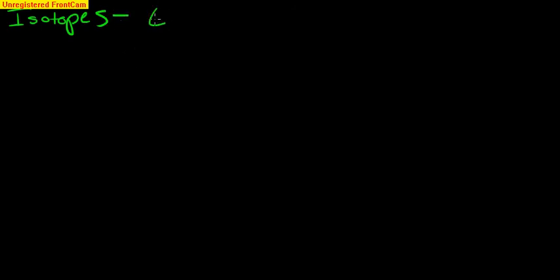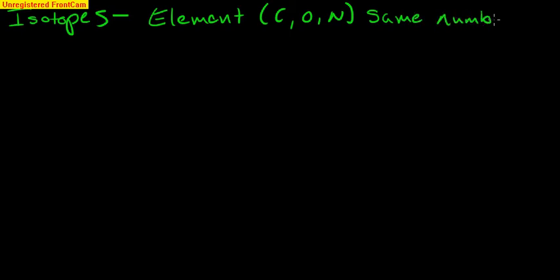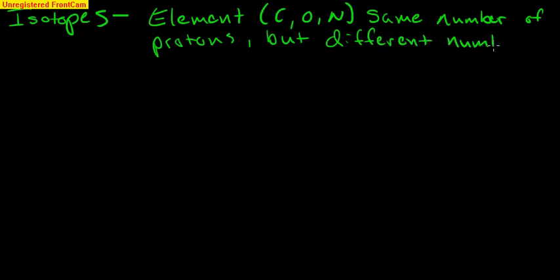It's an element. So carbon, oxygen, nitrogen, whatever the element may be, it does not need to be these three, any element. An element with the same number of protons, but a different number of neutrons.